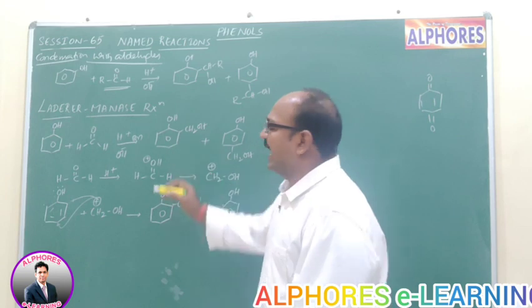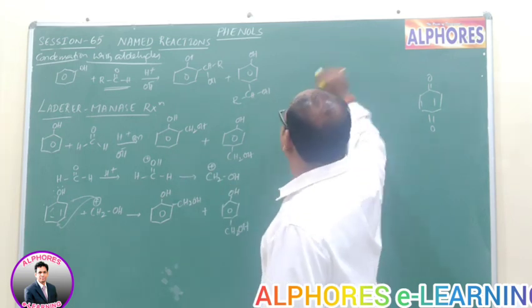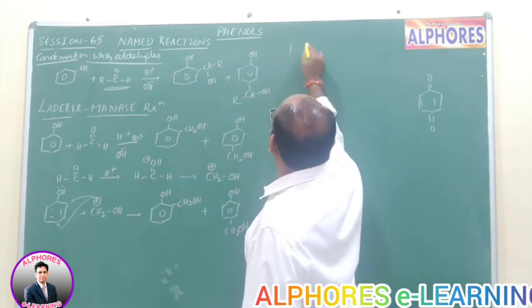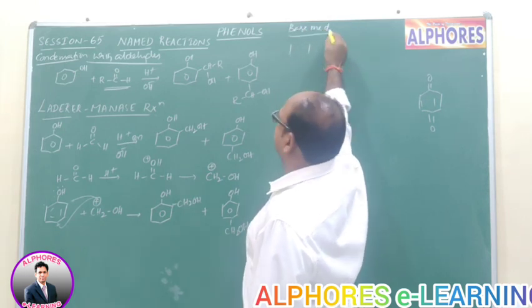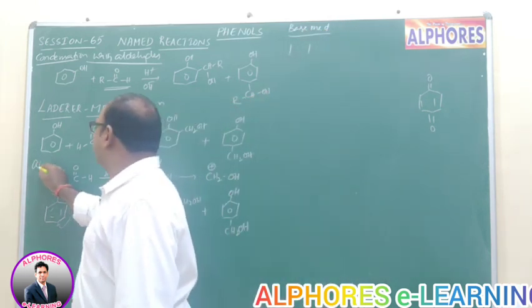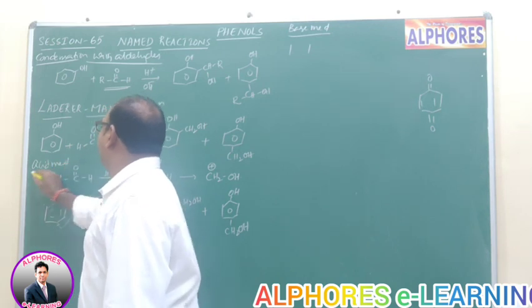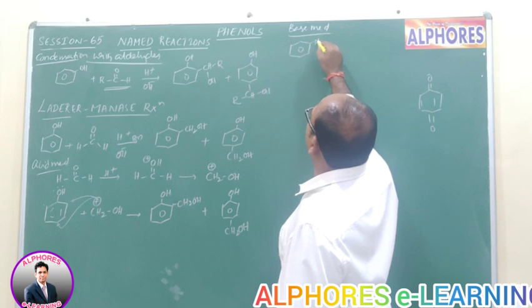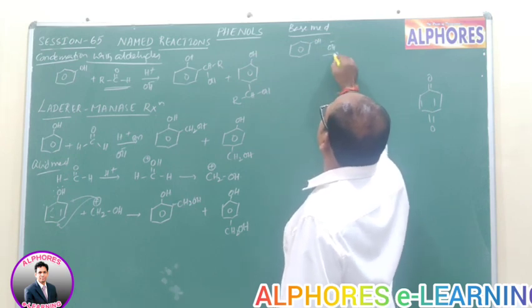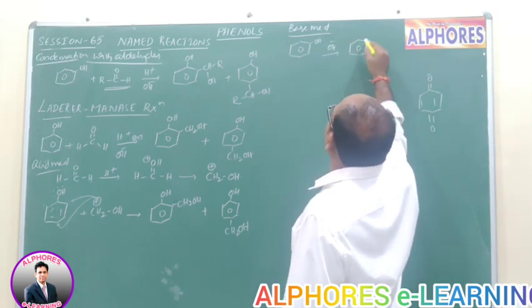And if the reaction is performed in base medium, this mechanism is in acid medium. In base medium, first phenol converts into phenoxide ion.